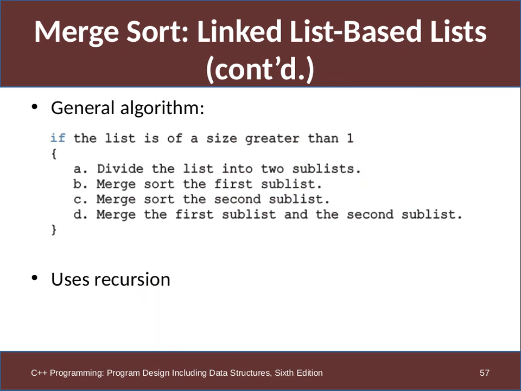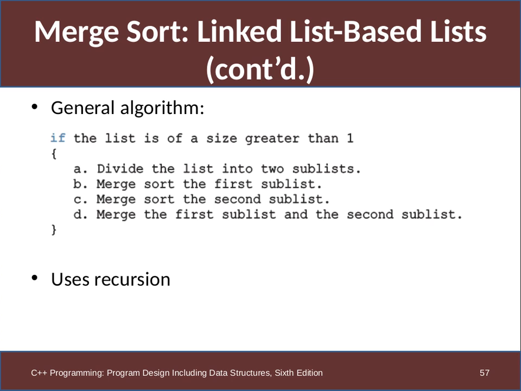Okay. I think we went over it. Let's go through it with the slides just to make sure it's in everyone's brain. If the list size is greater than 1, okay, that's your base case. If the size is 1, return, you're done. If it's greater than 1, divide the list into 2 sublists, so you have at least 1 element in each sublist.